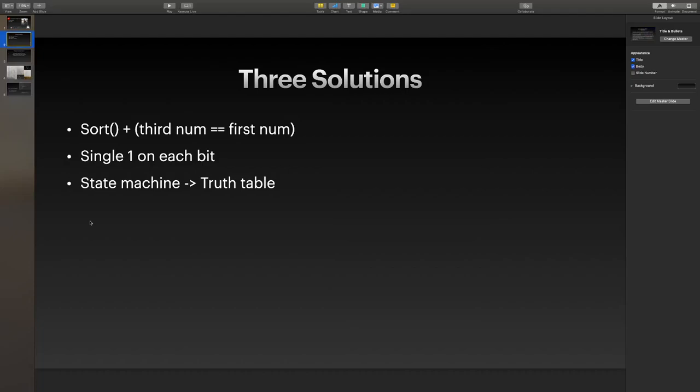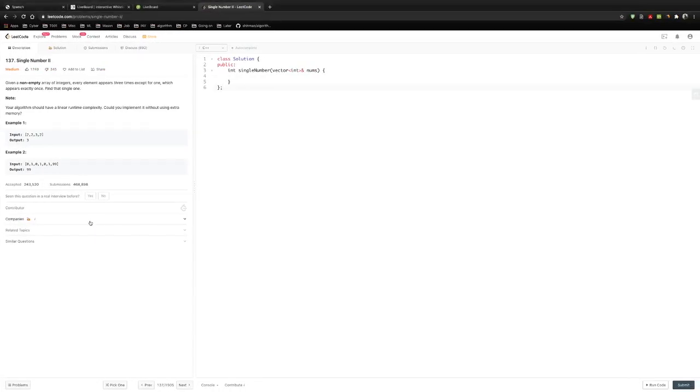So before we talk about a solution, we still need to see what the challenge is that we are going to face today. Here is Single Number 2 on Leetcode. Given a non-empty array of integers, every element appears 3 times except for 1. We need to find the single one that only appears 1 time.